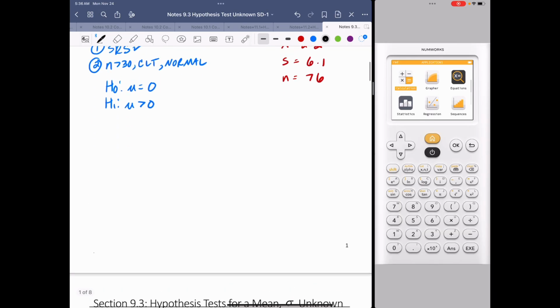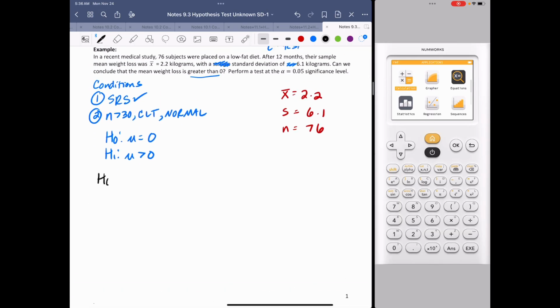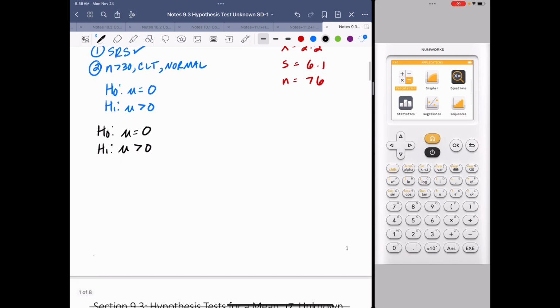My H0 and my H1. My H1 is, can I conclude that the mean weight loss is greater than 0? H0 is going to be 0. When you do this problem, we're going to do this one by hand, and then we're going to switch to the calculator. Here's how I'm going to get my test statistic.